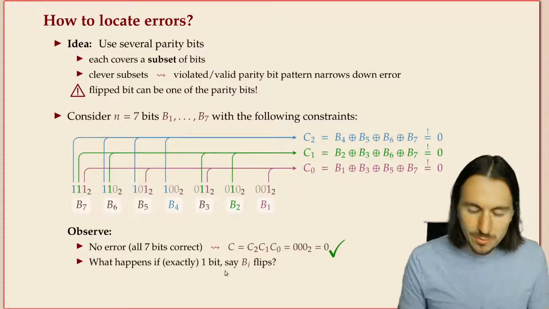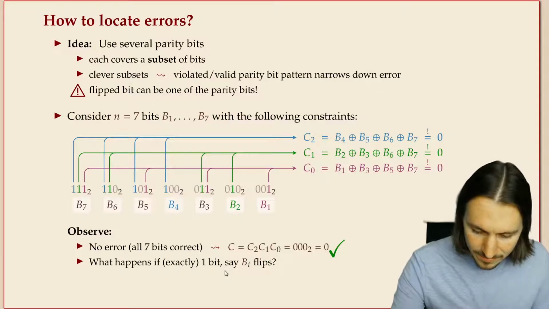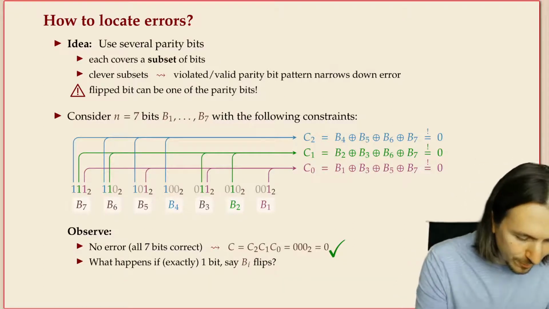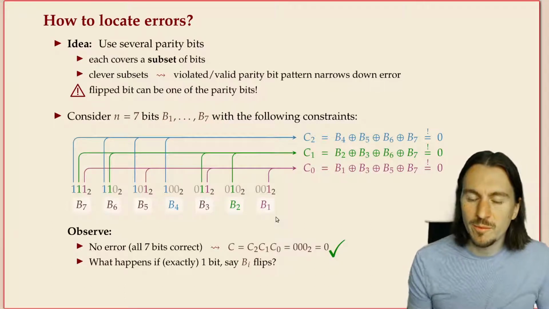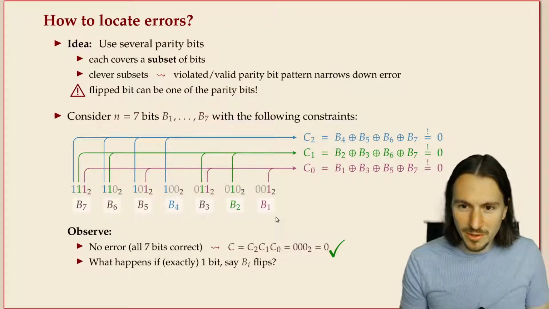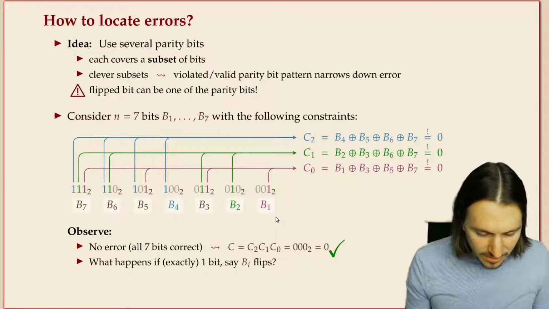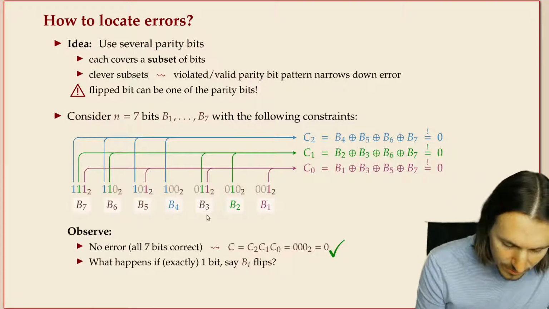And let's just observe what happens if we flip 1 bit. Let me do an example for this first. Let's say we start with a combination of bits that has the proper parity. And then we flip, say, B3.